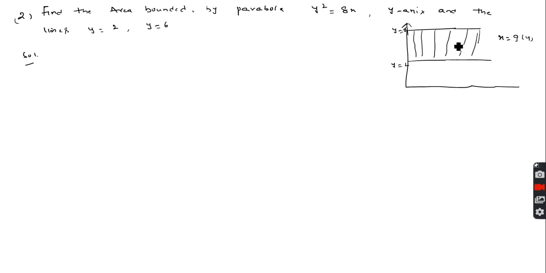We need to find the area under this curve. So here we are writing the formula. What is the function? That is x equal to g of y, and it is in the y-axis.